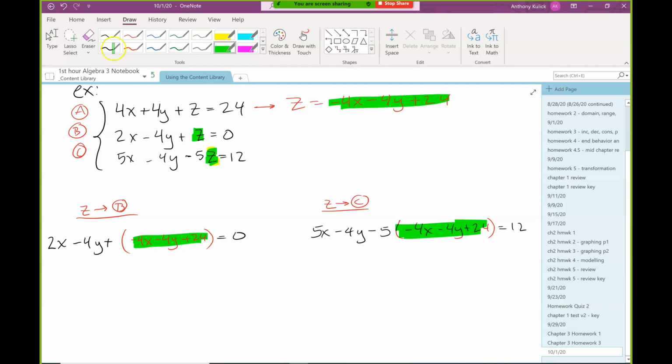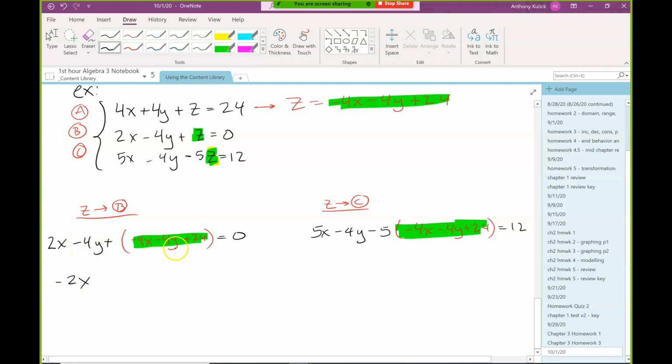I'm now going to simplify things down. So notice in the modified version of equation B, there's no coefficient in front of that parenthesis, right? There's just a plus sign. Did you guys notice that? So that parenthesis really doesn't need to be there, so I can go straight to just combining the like terms. So I have 2x and negative 4x, which gives me negative 2x.